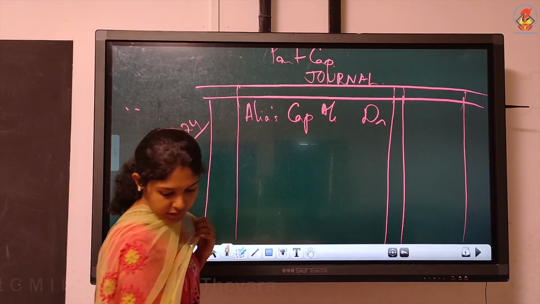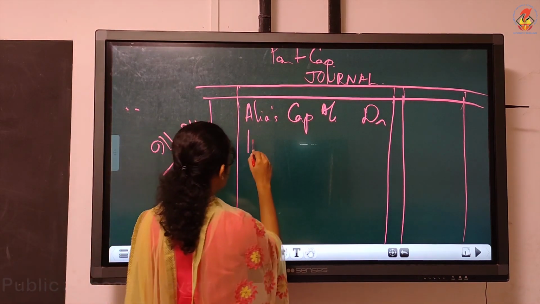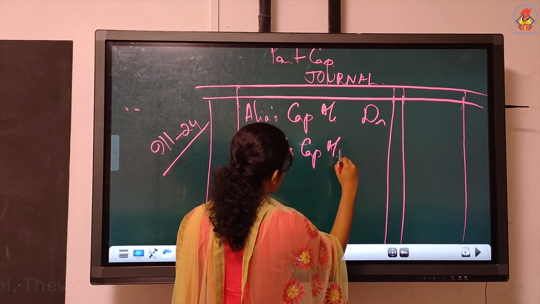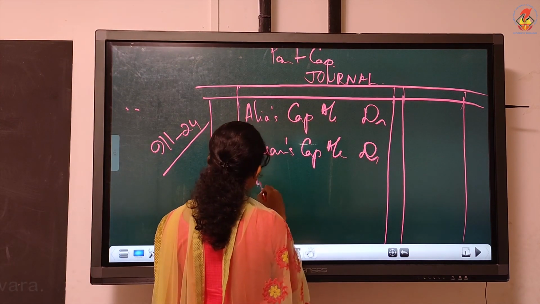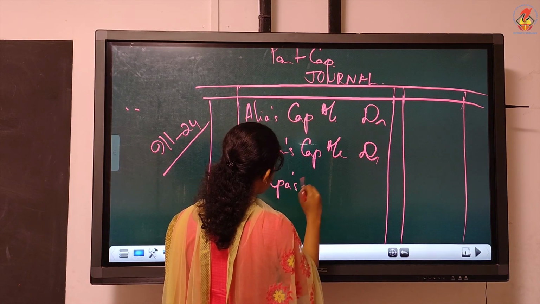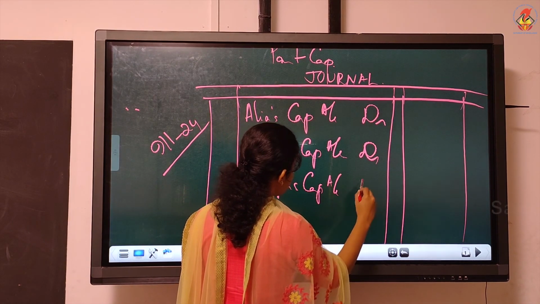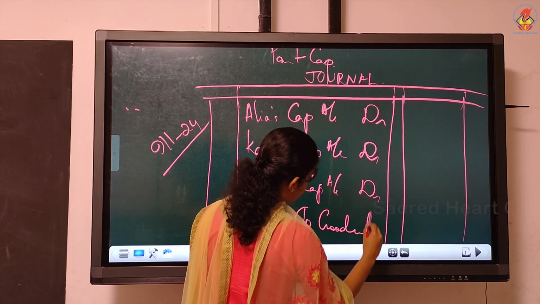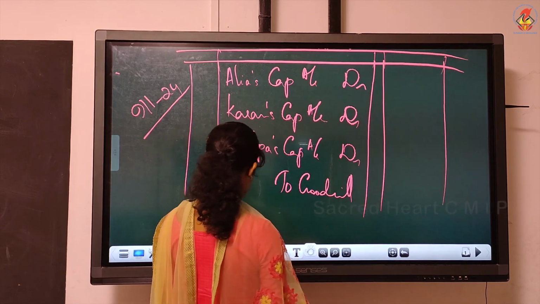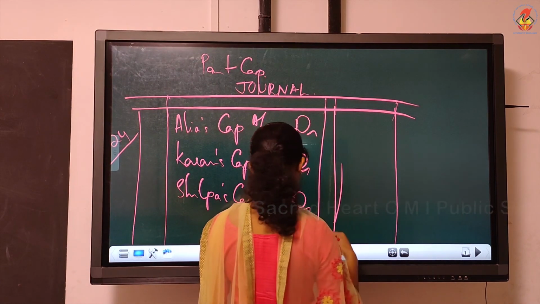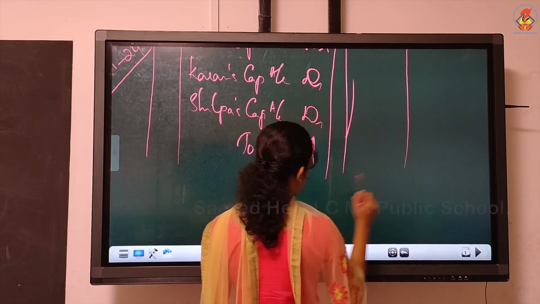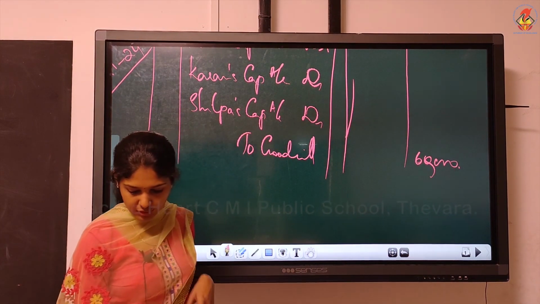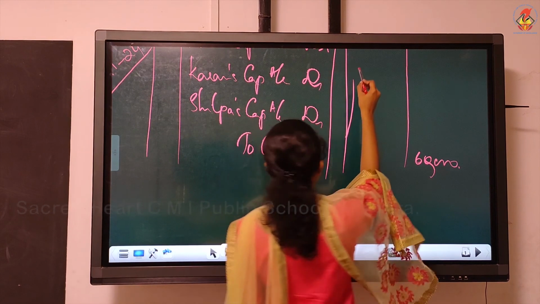Alia's capital debtor, then Karan's, Shilpa's debtor to goodwill. That's 60,000. You have to divide in the old ratio. The ratio is 5:3:2, so 30, 18 and 12.